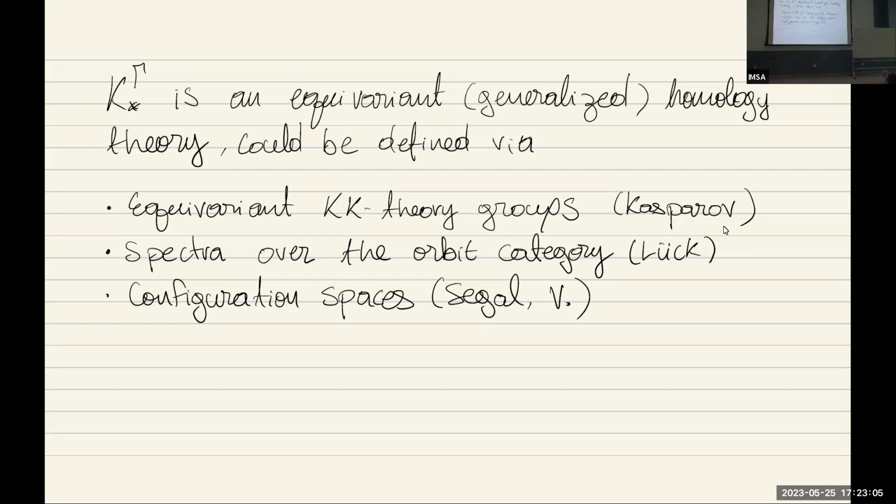There are many ways to define equivariant K homology, but the main property that we need is that K star gamma is an equivariant generalized homology theory. It means that it satisfies the axioms of a generalized homology theory. In particular, it satisfies the Mayer-Vietoris axiom.